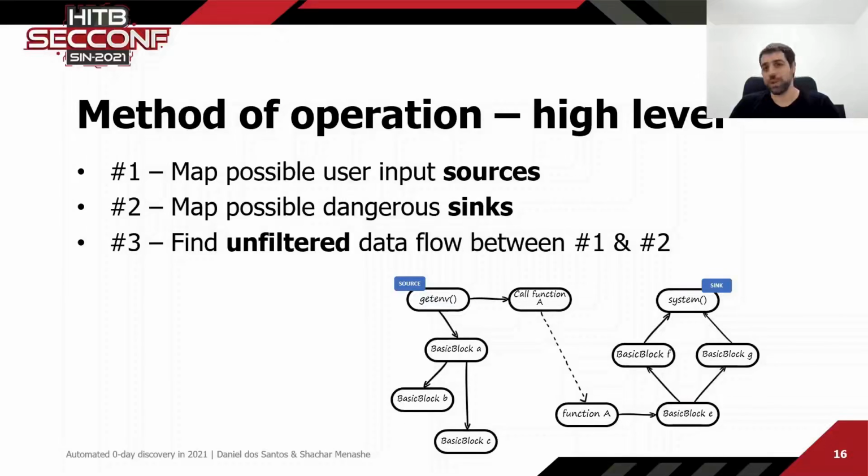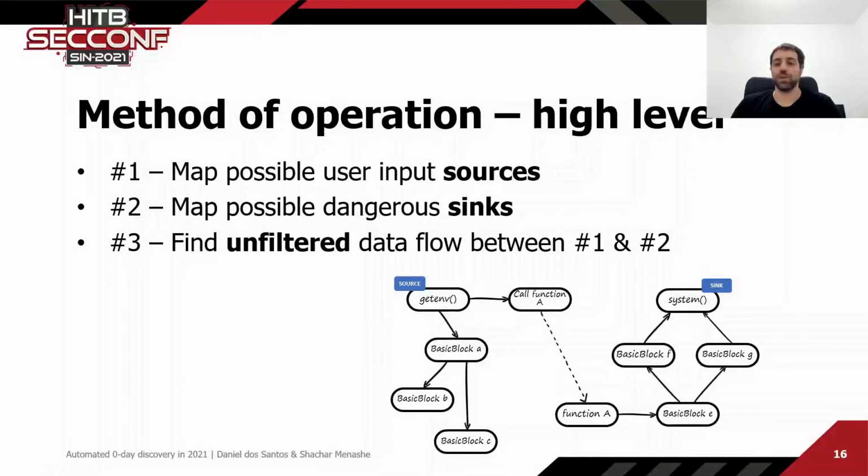So for example, you can see in this diagram, here we show a source that is getenv, which for our intents and purposes, we consider as user input because it's usually untrusted. So the source reads some data into a variable, and then there's a data flow from the getenv through some functions, basic blocks, etc., and it gets to the system sink.